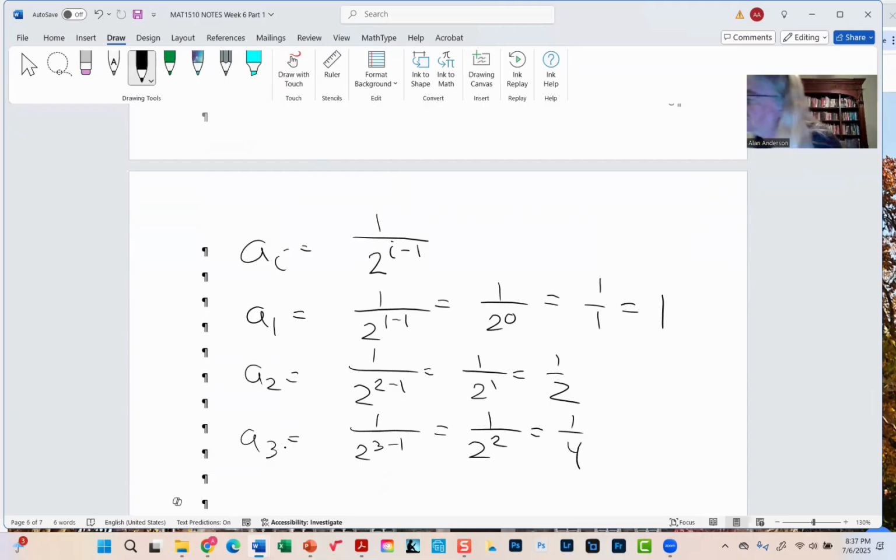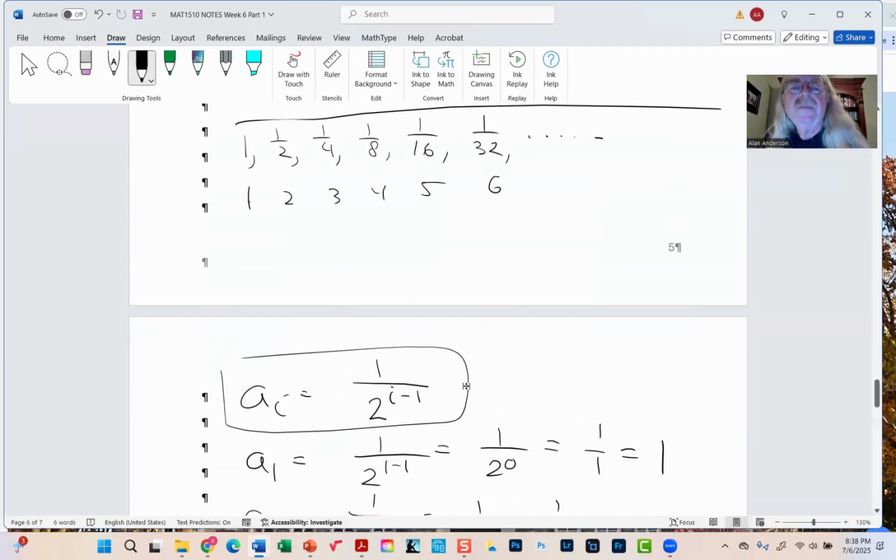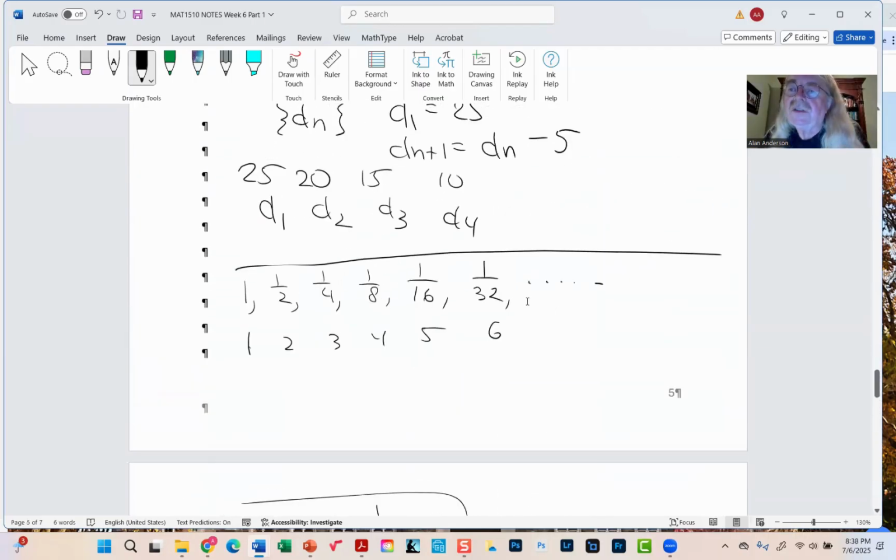Anyway, so this is the sequence. It's not recursive. It's based on the individual indices. But what I wanted you to see is that the numbers are getting awfully small, aren't they? So you could easily imagine that in the limit, the sequence is converging to zero. The numbers are getting tinier and tinier.